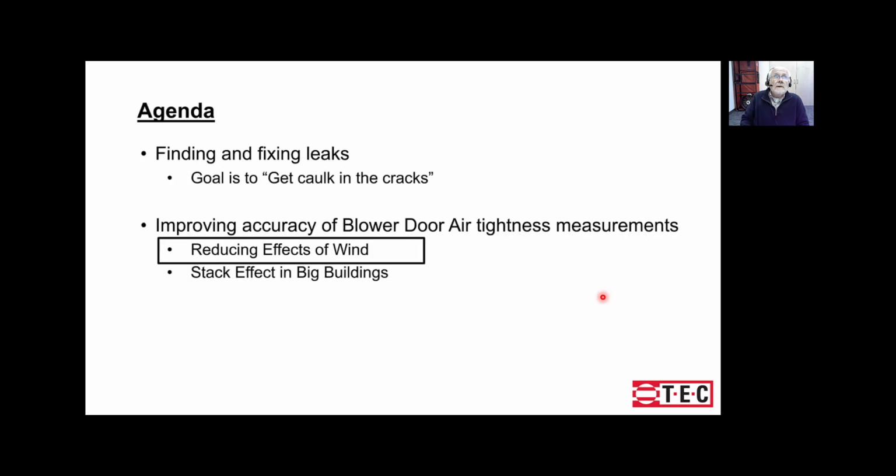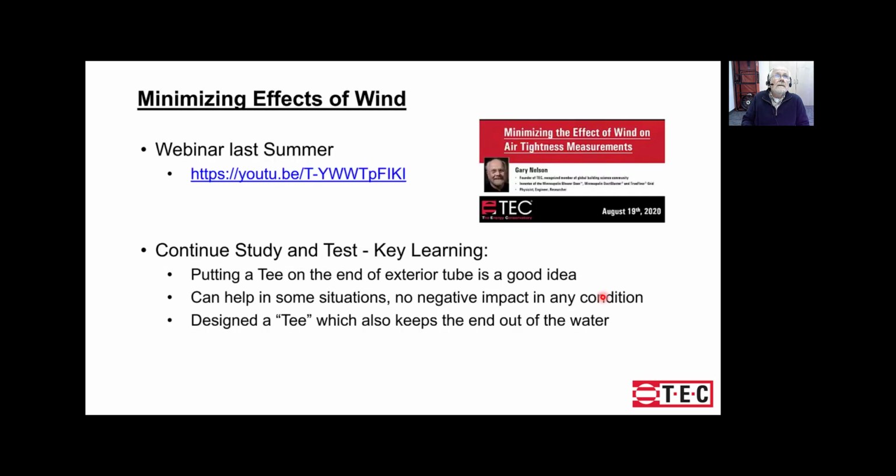So next I want to talk about a couple of the things that we've been working on to improve the accuracy. And first we're going to talk a little bit about reducing the effects of pressure fluctuations due to the wind. Last summer we did a whole webinar on wind, and I'm not going to go over all of that, so you might want to look at that.